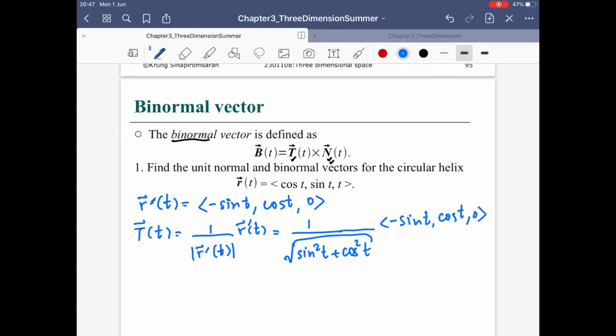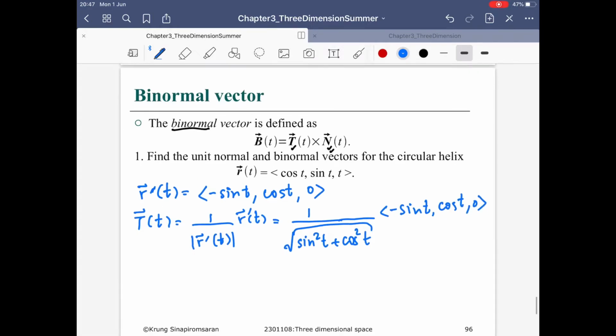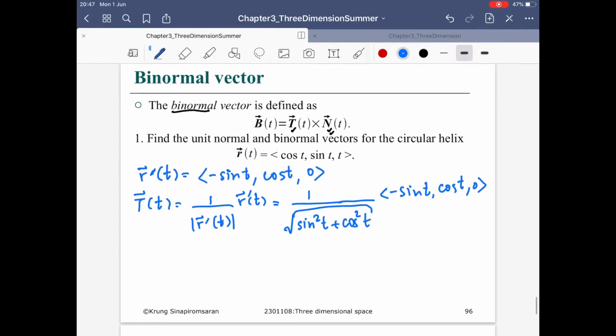So this is a simple problem. Don't expect that the rest of the problems will be simple like this, because here the square root becomes 1. So this whole thing can be your capital T at once. Now to find your normal. Again, don't think that the rest of the problems will be easy like this.